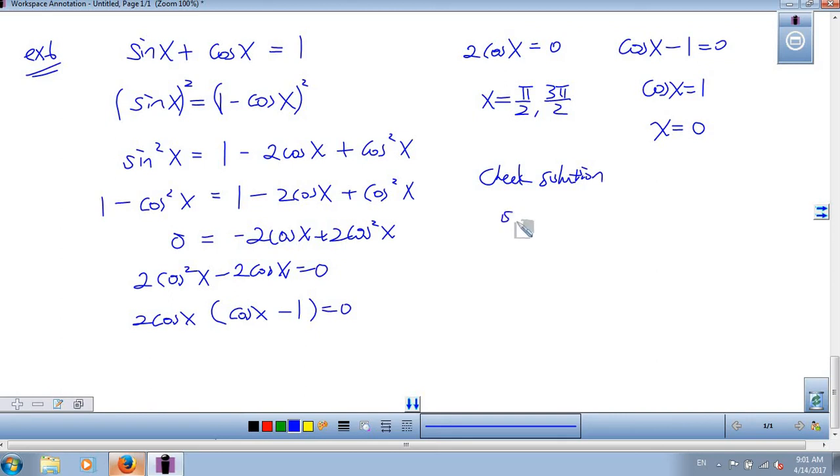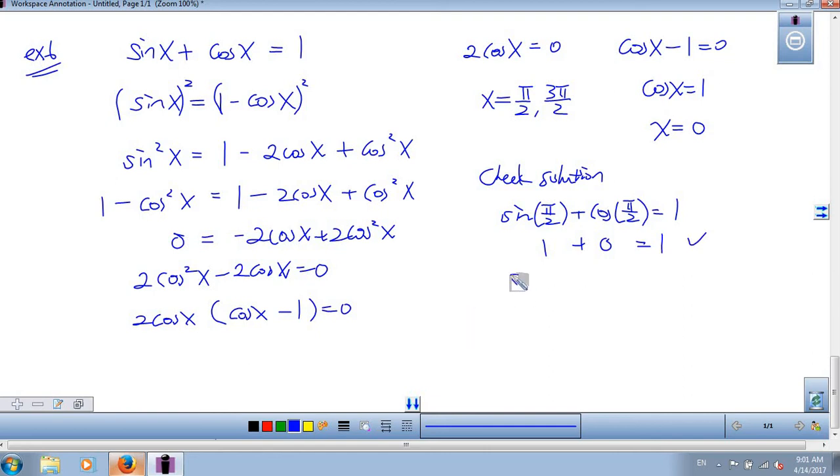Sine of pi over 2 plus cosine of pi over 2, does that equal 1? Sine pi over 2 is 1, cosine pi over 2 is 0, so that equals 1. That checks, so it is a solution.